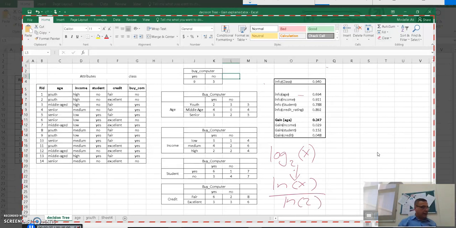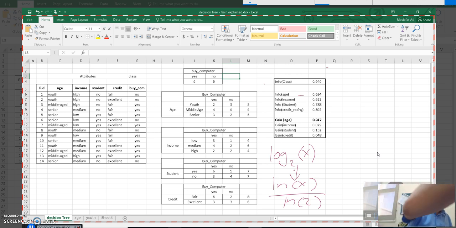That's how we calculate log 2 of x, in case you don't have a calculator with log 2.